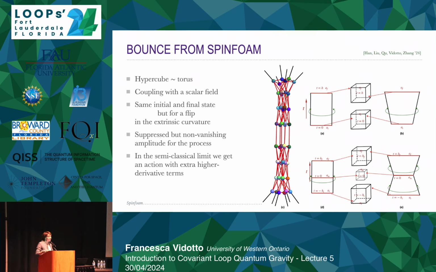So imagine you have a universe that has a certain size, and then the universe that has another size at a later time. This is perfectly described by a classical evolution. So I perform my computation in spin foam, and I see that in that case, the amplitude is very high, almost probability one.